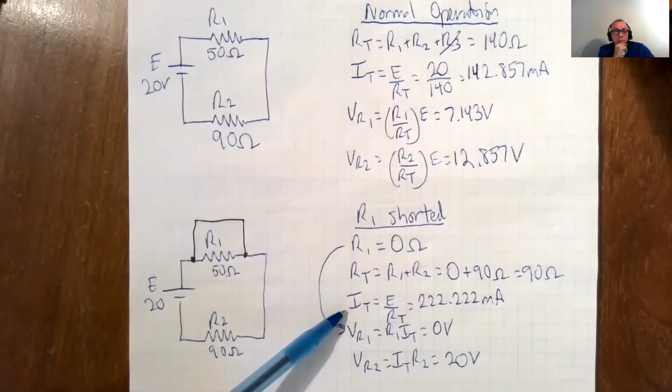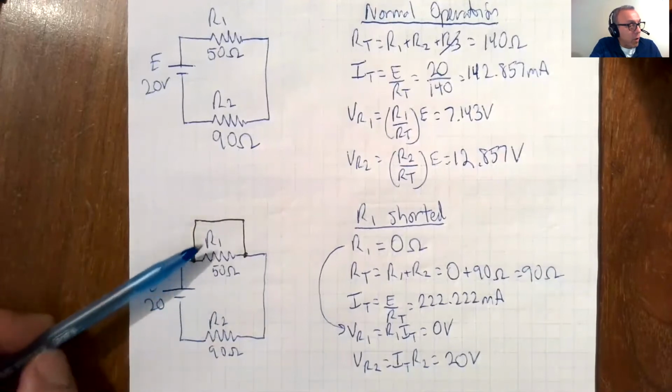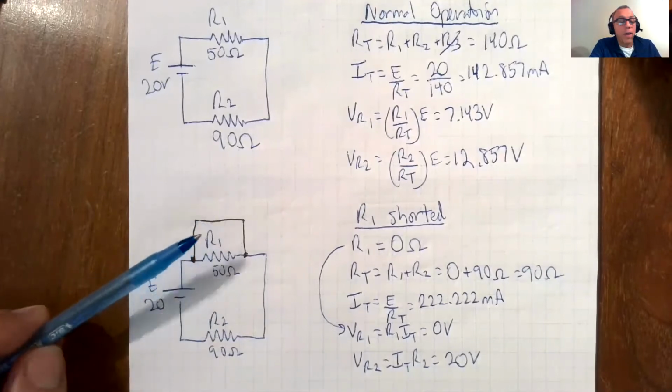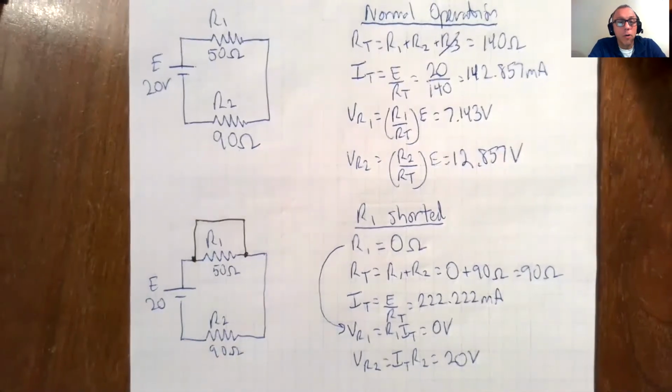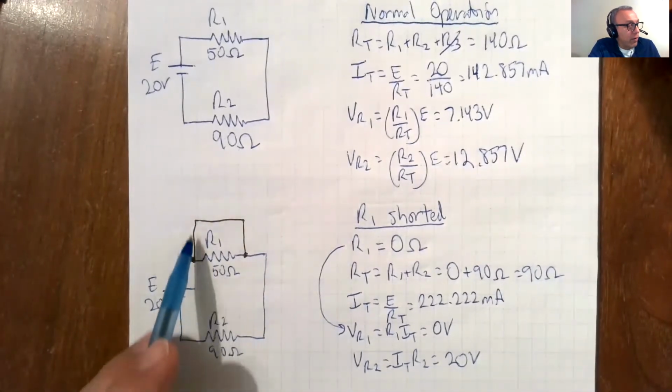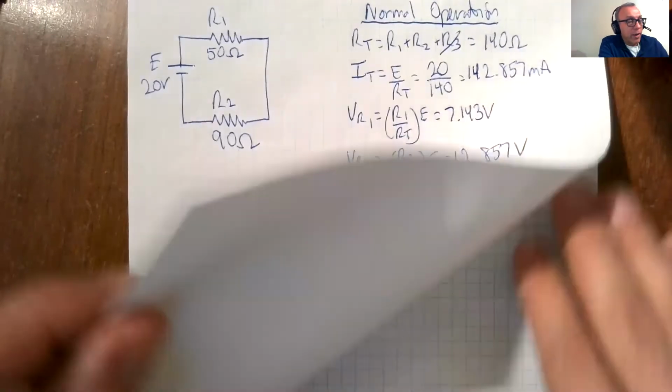All right, that is a big thing. We have current, so the circuit is still complete. So that is a short across a load. Remember, a short is a 0 ohm bypass of a load. Here's a load. Here is the 0 ohm bypass of that load. All of the current passes through there. Okay, that is a short circuit.